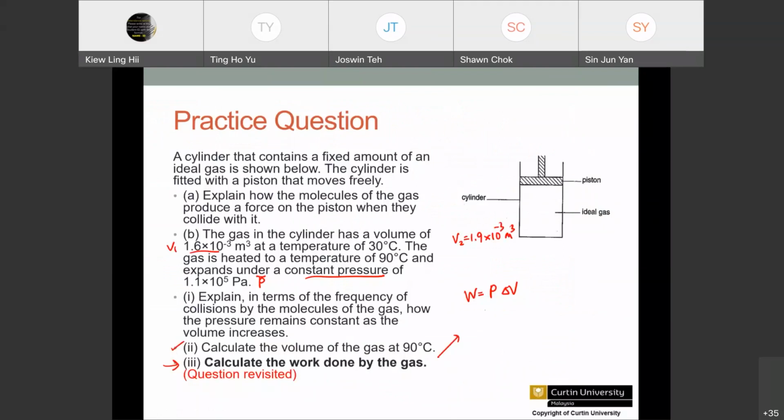So P is 1.1 times 10 to the power of 5. Change in volume, this is final, this is initial, so 1.9 times 10 to the power of negative 3 minus 1.6 times 10 to the power of negative 3. So we get 33 joule.